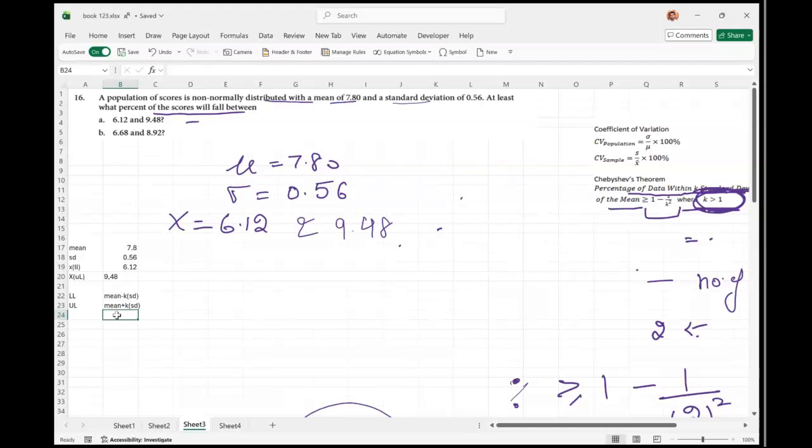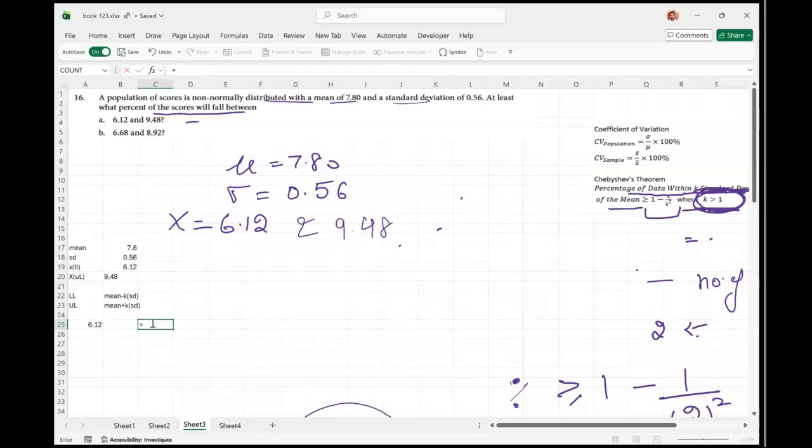So first of all, we need to find the k value. For the lower limit, the k value: 6.12 is equal to mean minus k times standard deviation. This is what I'm going to use. I'm going to write it here.